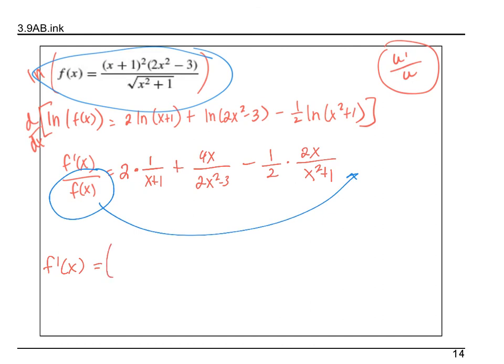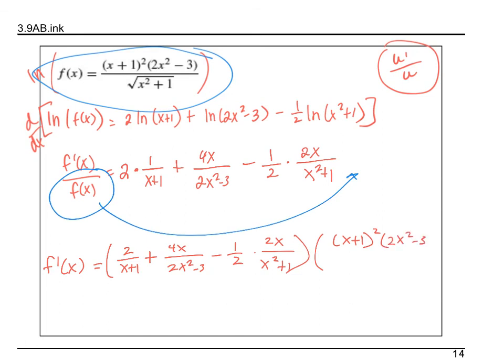So f prime is equal to 2 over x plus 1 plus 4x over 2x squared minus 3 minus a half times 2x over x squared plus 1. All times x plus 1 quantity squared, 2x squared minus 3 over square root x squared plus 1.